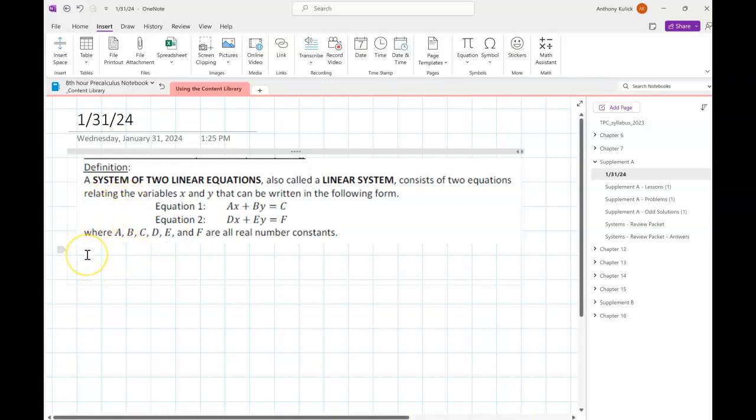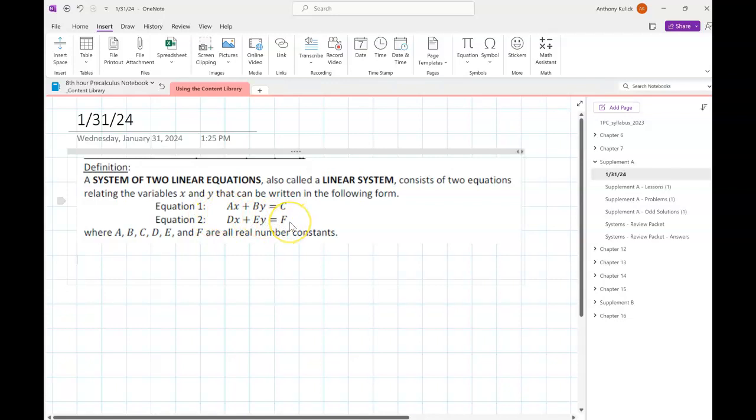To solve a system, what we need to do is find an xy that satisfies equation 1 and also satisfies equation 2. If we want to construct a method to do this, one way is to think about this problem graphically. Equation 1 represents a line, and every xy that satisfies this equation is just a point on that line.